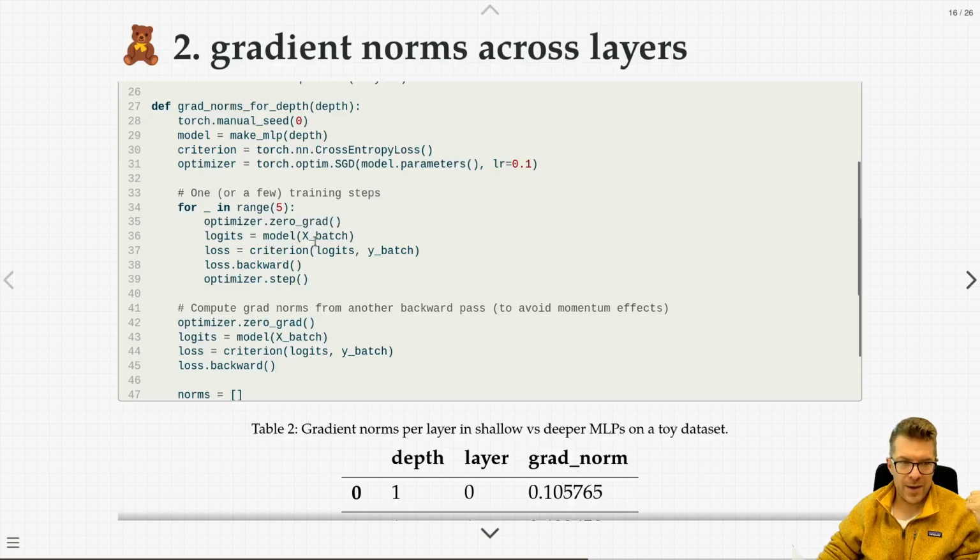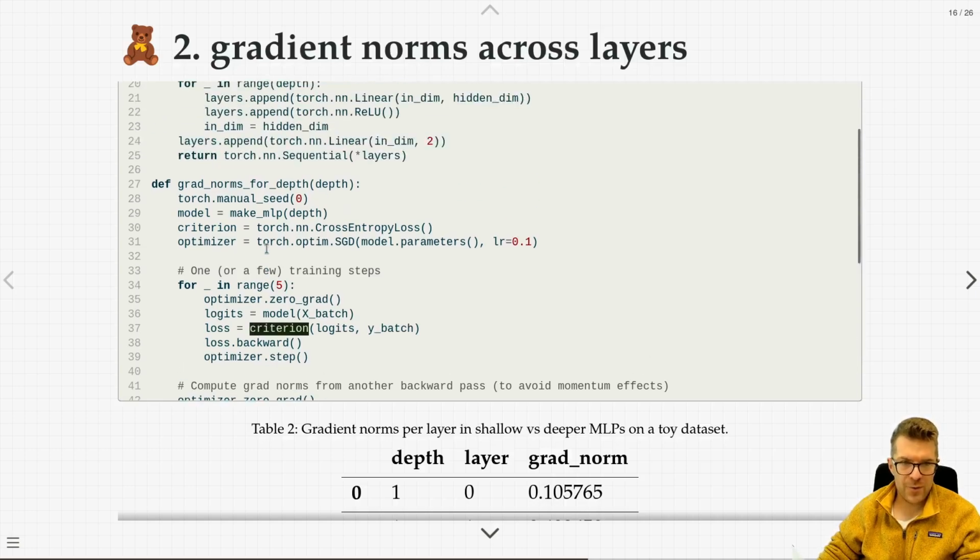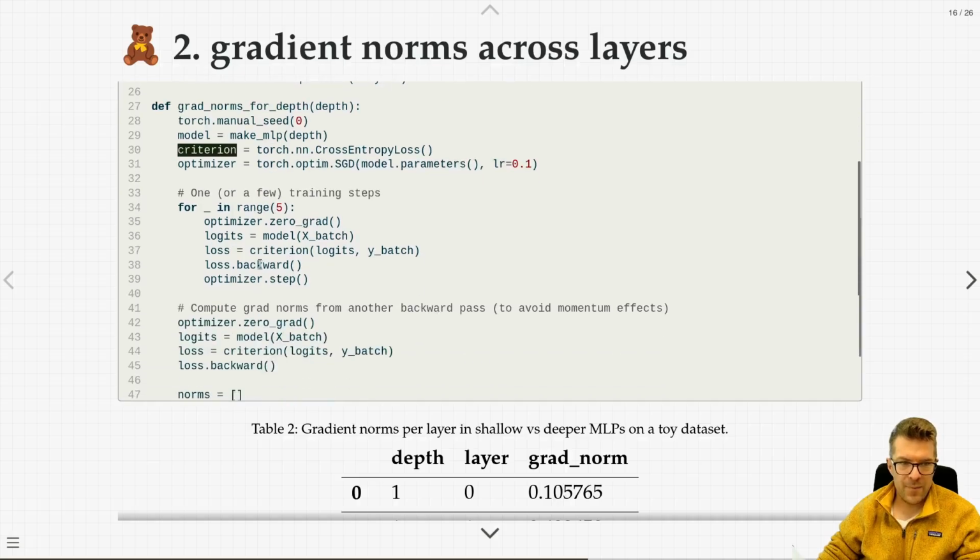Then we use our model with our batch to produce logits. These logits are the outputs of the neural network. We'll compare that against our true outputs with regards to our criterion, which we defined a moment ago. Then we'll do our backpropagation. We'll get all of our gradients, and this is kind of hidden for us, thankfully, behind this function.